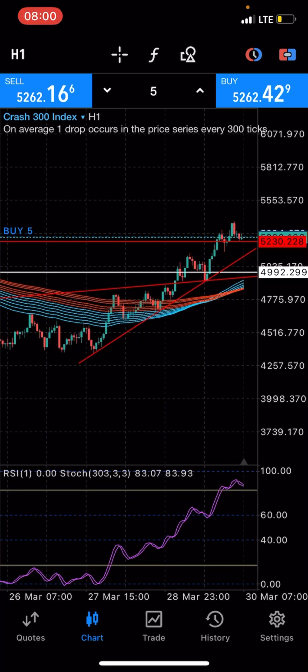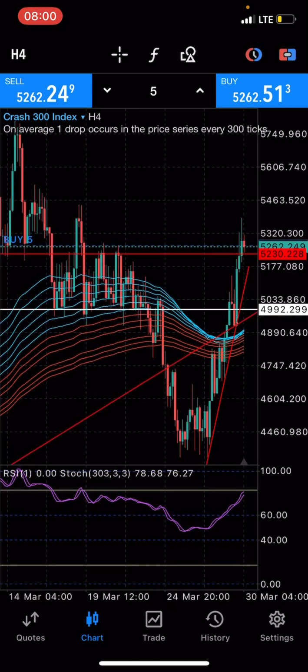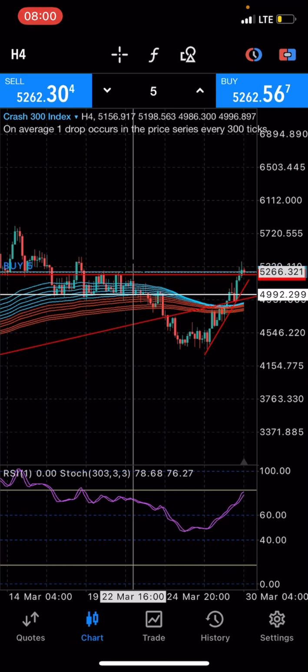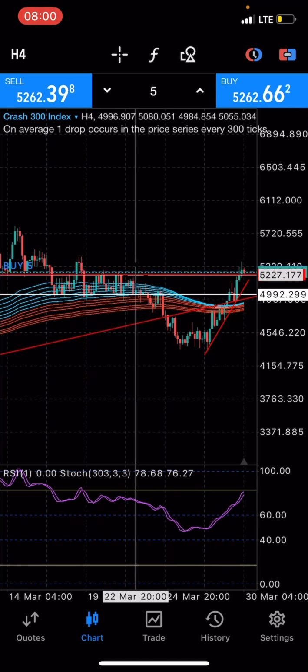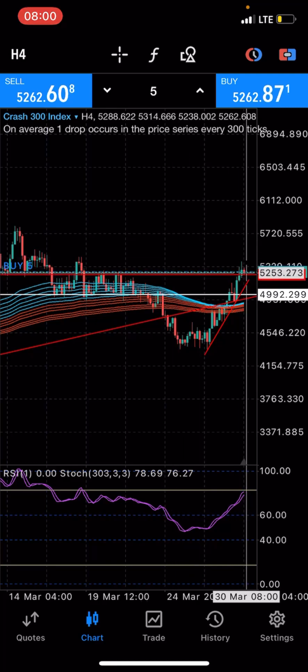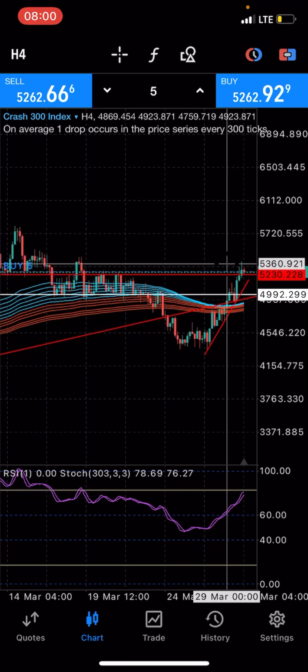Where I expect the market to reject from and where I expect the market to keep going. We already have a zone there, guys. You can see that there is already a horizontal line here, which means this is a support. It has broken this. So what if this could be a retest? If I was using price action to trade this market now, I'll just wait for this retest to be over and wait for a pullback up, then I'll get into this trade.